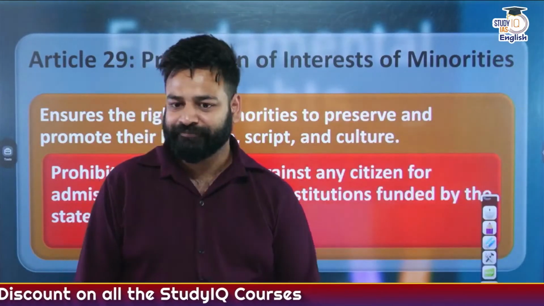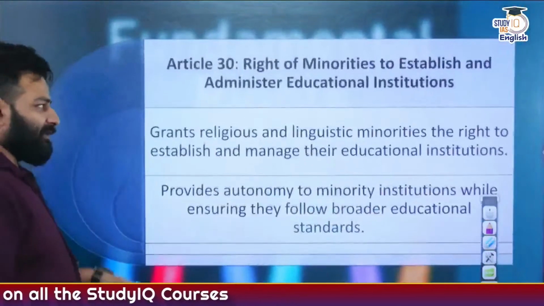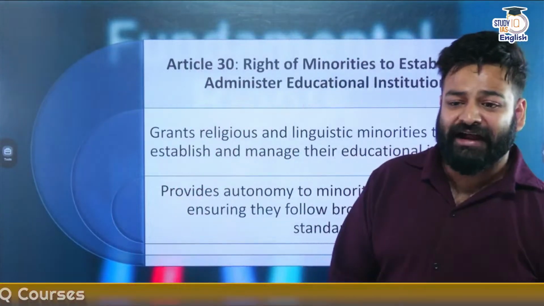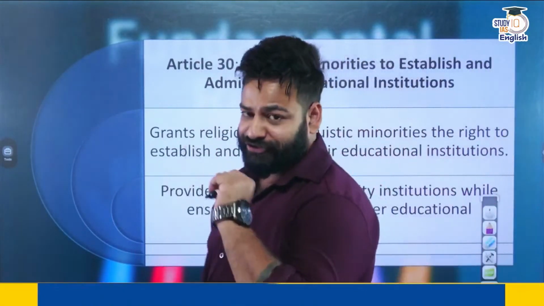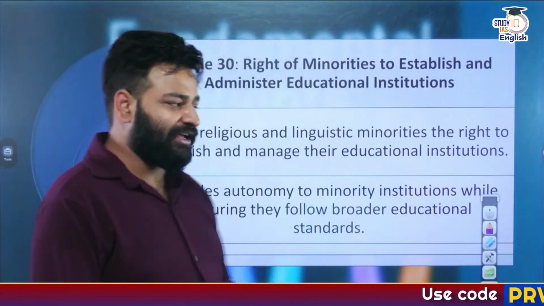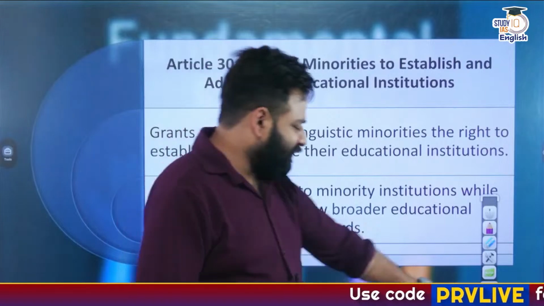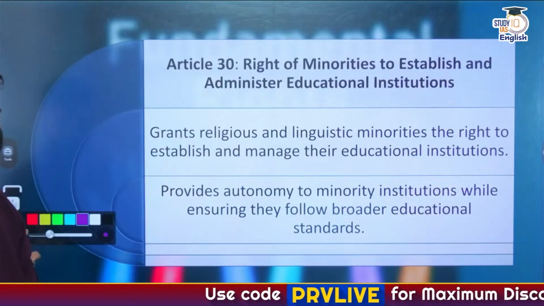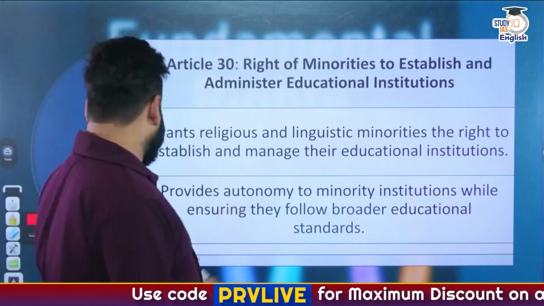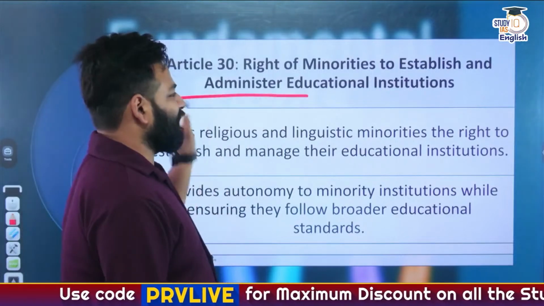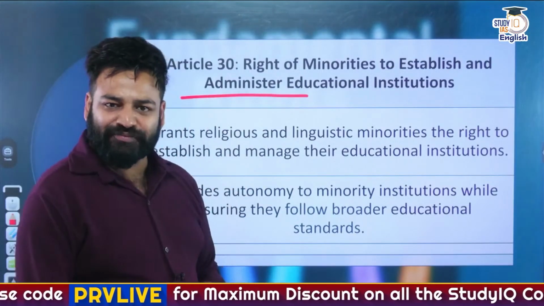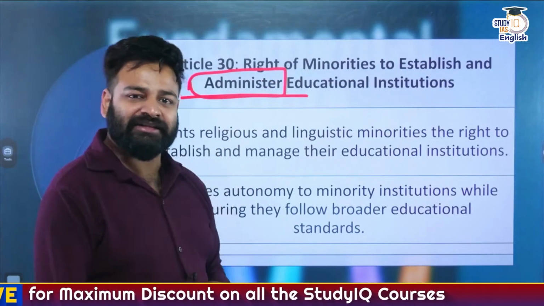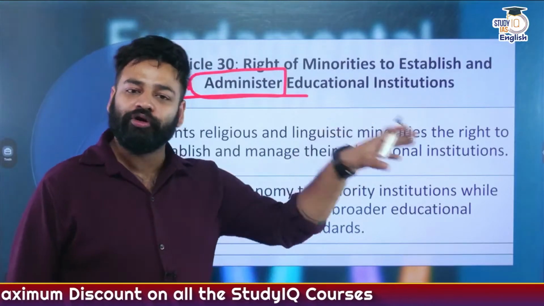Next, Article 30, the right of minorities to establish and administer their own educational institutions. It is the right of each and every minority. They possess the right to establish and administer their own educational institutions. They can establish them by themselves, and the administration will also be in the hands of that particular minority group only.